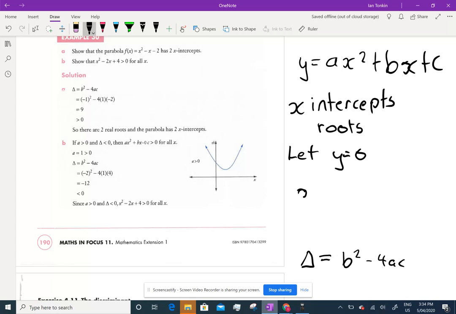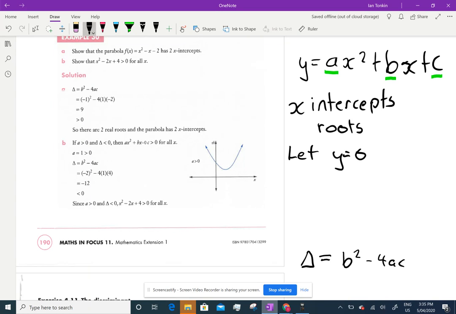So if we put our quadratic equation equal to 0, remember that the coefficient of x squared is a, the coefficient of x is b, and the constant is c.